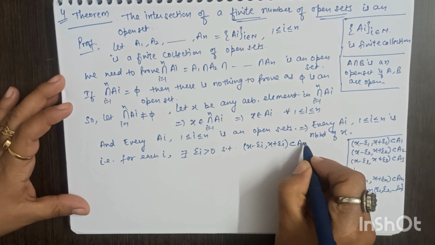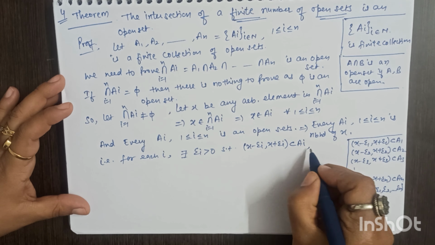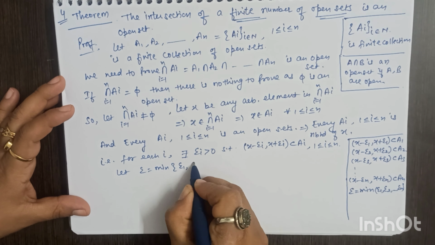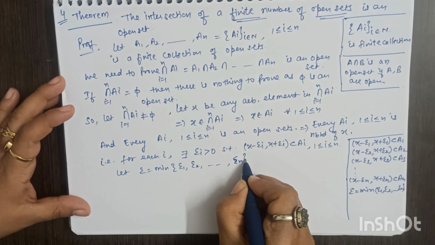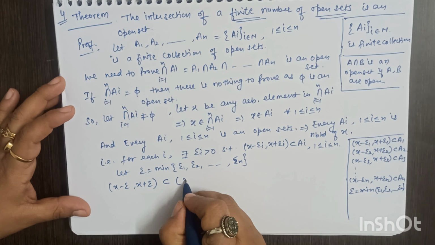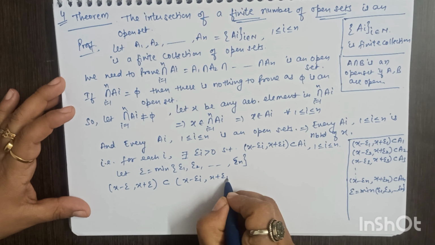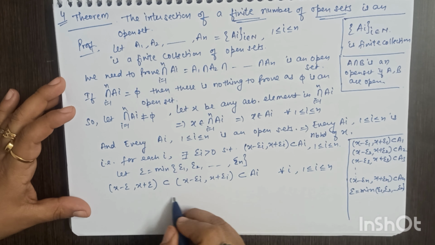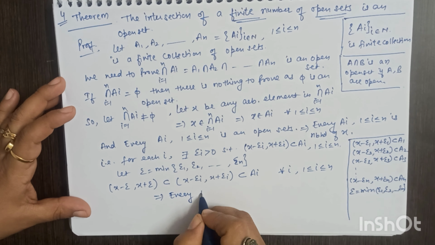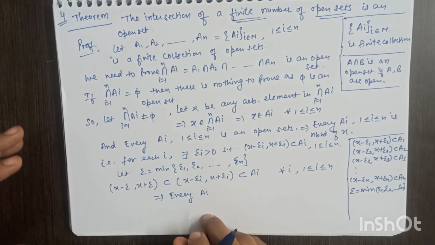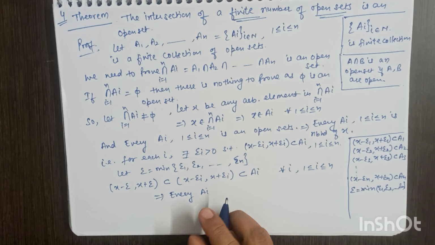So first of all I am choosing different epsilons, epsilon i with i running from 1 to n: (x minus epsilon i, x plus epsilon i) is a subset of Ai for each i. And next we are taking the minimum of this collection of epsilons. This interval will be a subset of Ai for every i. This means the interval is going in the intersection collection.